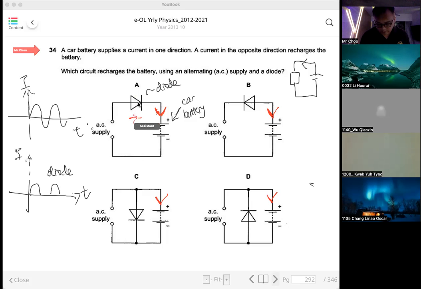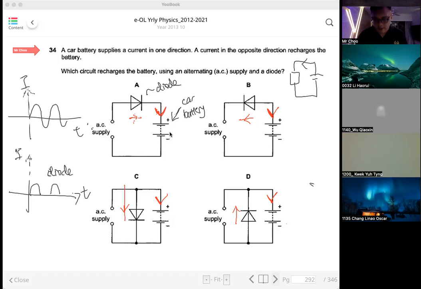This diode here allows the current to move this way. This diode here allows the current to move this way. And this diode allows the current to move this way. So which of these four diagrams allows the current to flow in the direction of this red arrow so that it will recharge the battery? Okay, Oscar, well done. So are you all clear about this now?